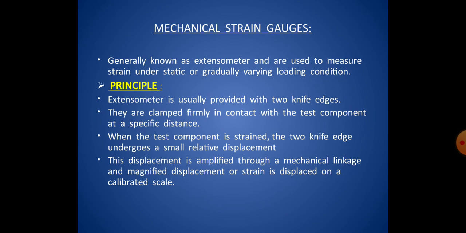When the test component is strained, that is, when we apply the force, the two knife edges undergo small relative displacement. This displacement is amplified through a mechanical linkage, and the magnified displacement is displayed on a calibrated scale. From that we can calculate the strain.